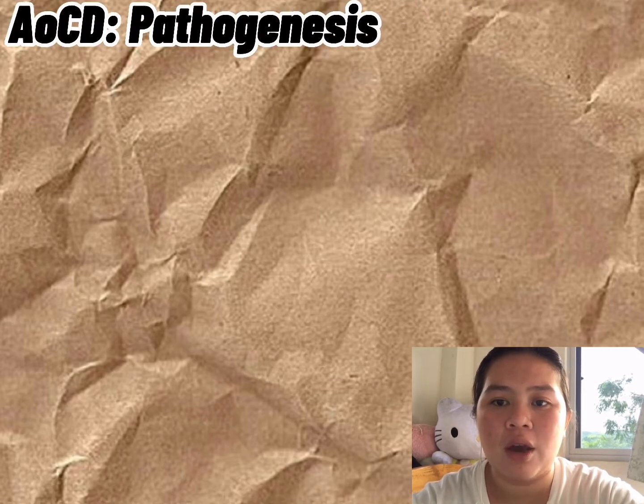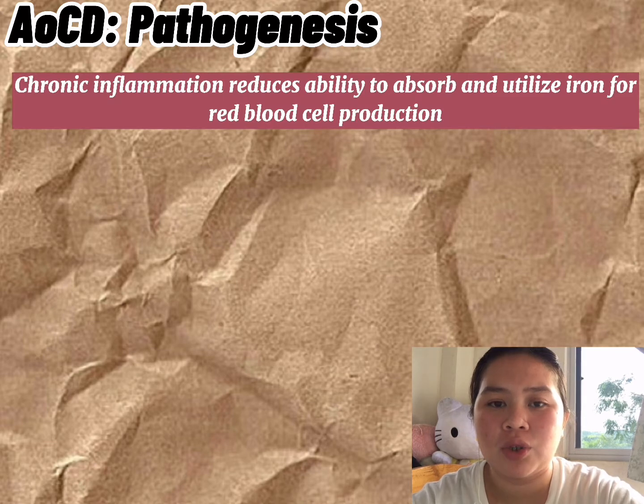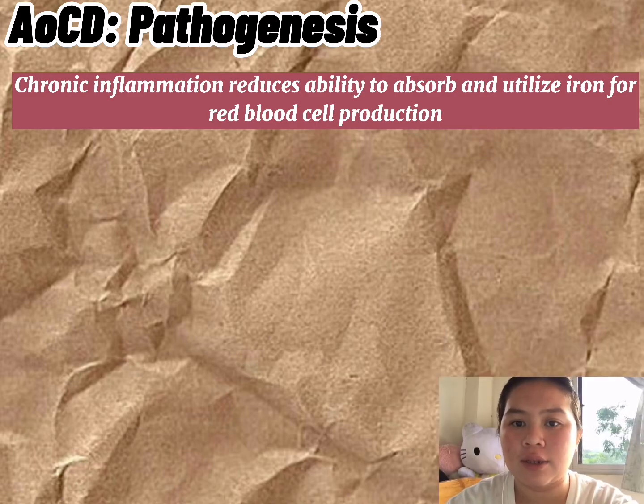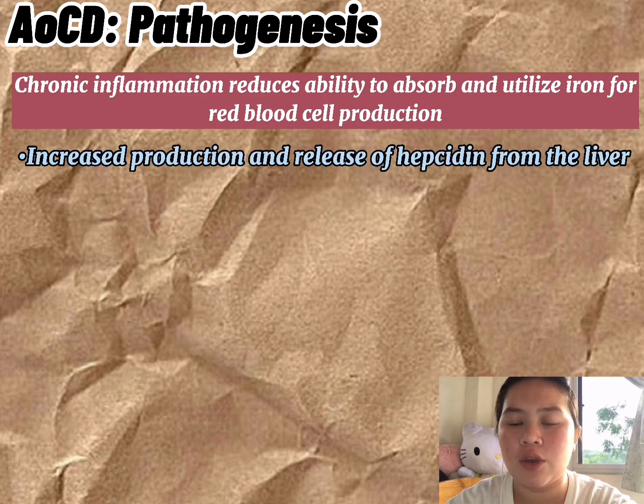Now, let's talk about the pathogenesis of anemia of chronic disease. It all has to do with chronic inflammation reducing the ability to absorb and utilize iron for red blood cell production. What happens is there's an increased production and release of hepcidin from the liver.